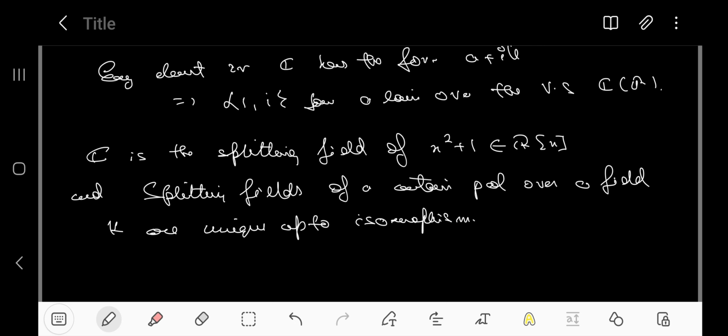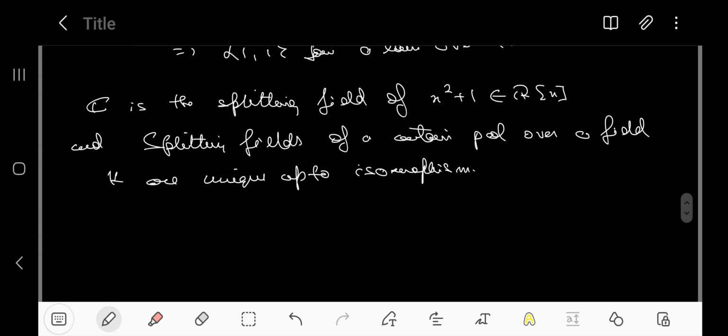Clear? Got it? So C is indeed unique. Okay.